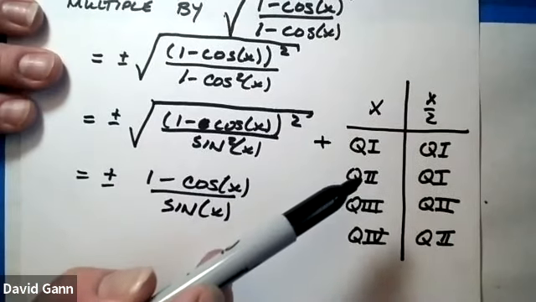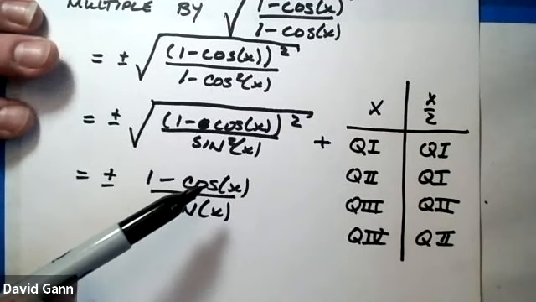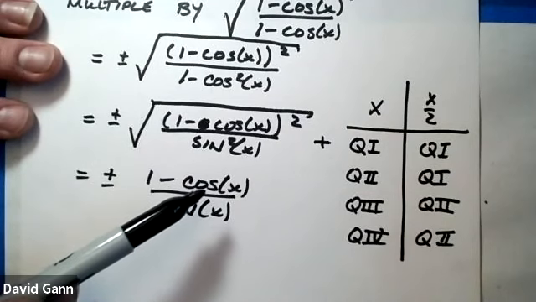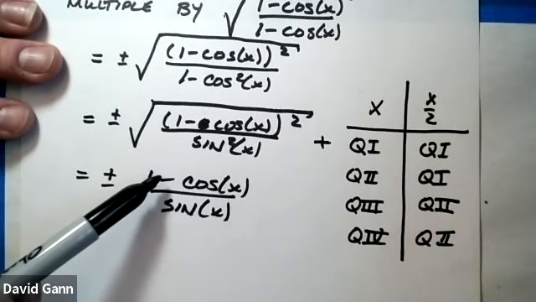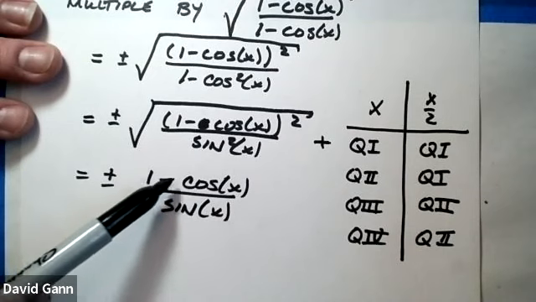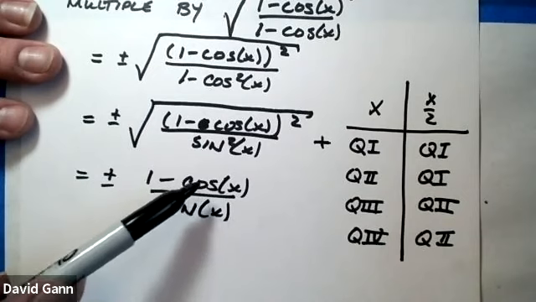And if x was in quadrant 2, then cosine would be a negative value, but less than 1. So this term up top would be positive. In fact, this term up top will never be negative. It's really about the sign of the denominator, but let's go through it.